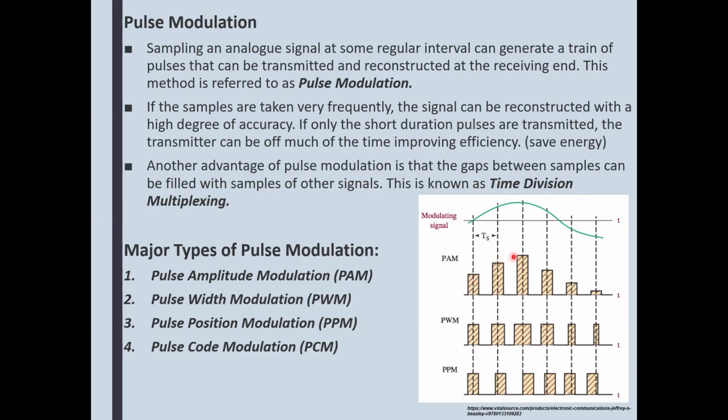The other advantage is that in those times when the signal is not present, because that's all we care about, we can connect the dots, because this is PAM, pulse amplitude modulation. The height of the pulse represents the level of the signal.